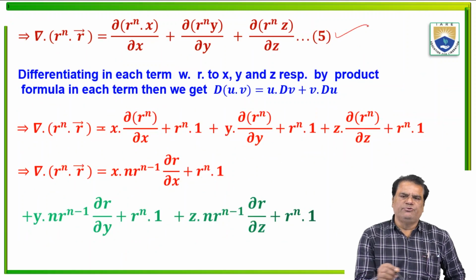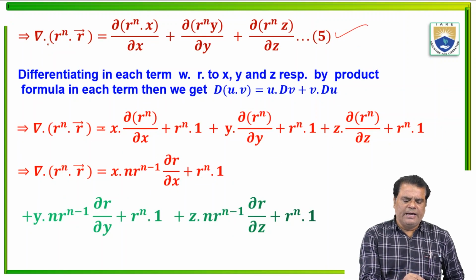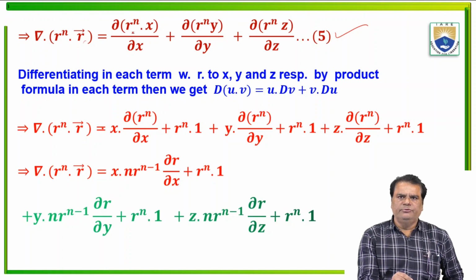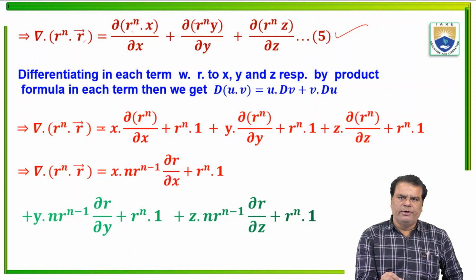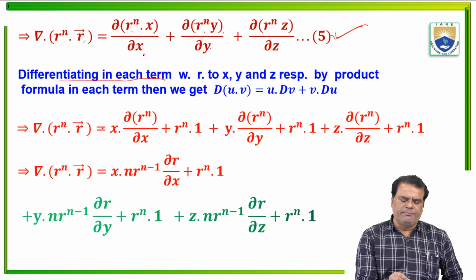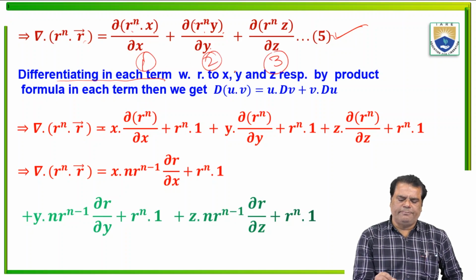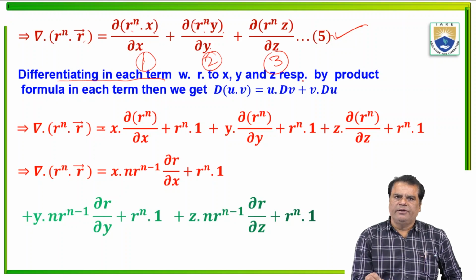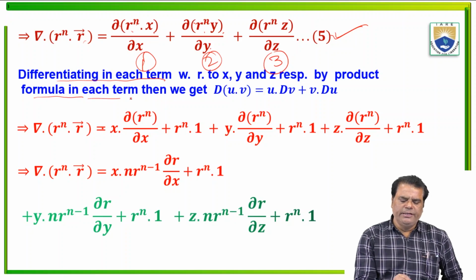This same equation 5: del r to the power n vector r equals dou over dou x of r to the power n into x, plus dou over dou y of r to the power n into y, plus dou over dou z of r to the power n into z. Differentiating each term, this is term 1, this is term 2, this is term 3, with respect to x, y and z respectively, by the product formula in each term.